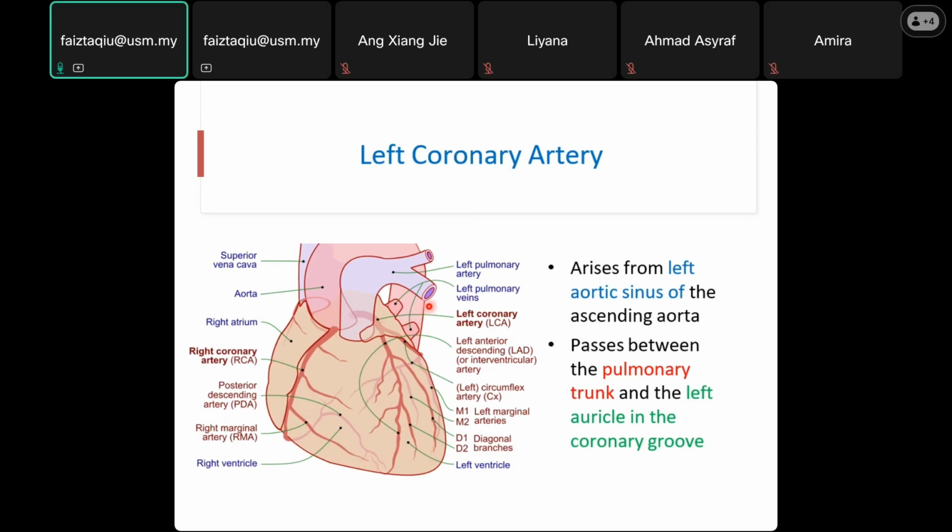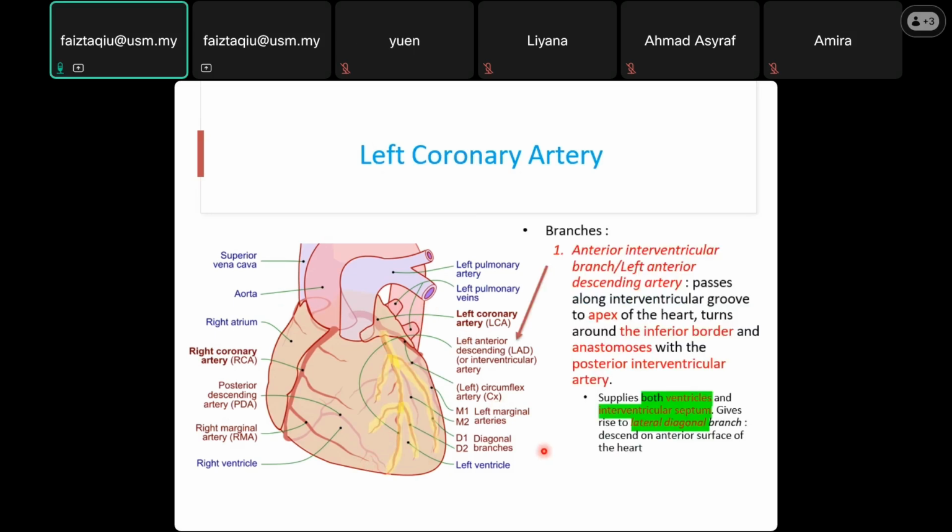It branches into the anterior interventricular branch, or left anterior descending artery, the yellow highlighted one. It passes along the interventricular groove to the apex of the heart, turns around the inferior border and anastomoses with the posterior interventricular artery. It supplies both ventricles and the interventricular septum. It gives rise to the lateral diagonal branches, which descend on the anterior surface of the heart.